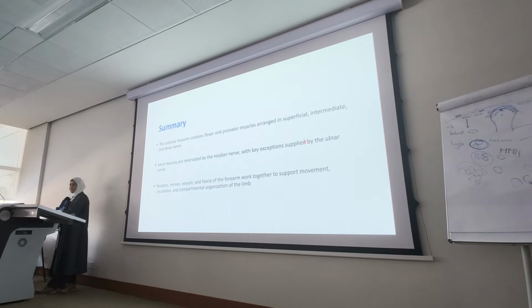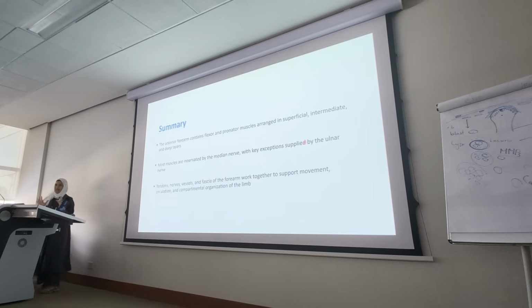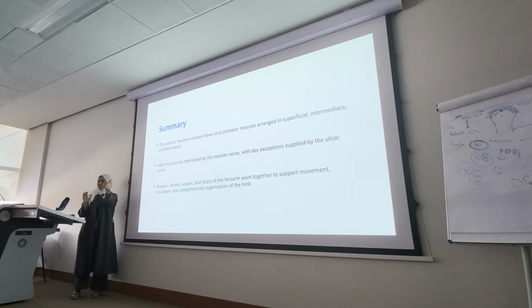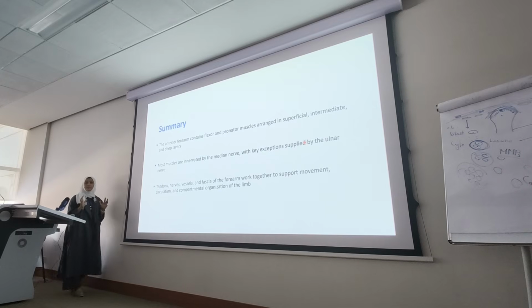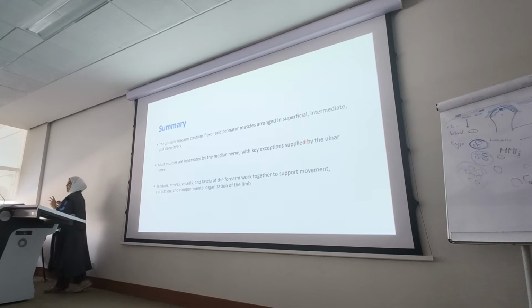Okay, so we talked about a lot today. We talked about the compartments of the forearm, and we said that the anterior compartment specializes in what? Flexion, right? So specialized in flexion, and we have some pronation as well, okay? We talked about the innervation. So the anterior compartment is primarily innervated by who? The median nerve and the ulnar nerve. Okay, again, the ulnar nerve innervates what?